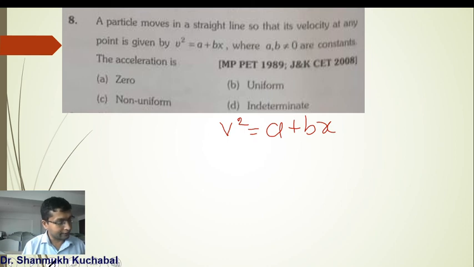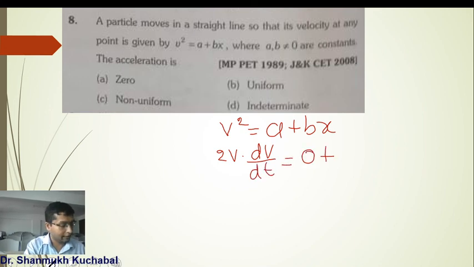So we should find the differentiation of this. v is nothing but the velocity, they have given it. Once again we have to differentiate, we get the acceleration. So if the velocity is given, differentiate, we get the acceleration of a particle. So v square differentiation is 2v dv by dt, and a is a constant, so I am getting 0, and b stays as it is, x differentiation is dx by dt.